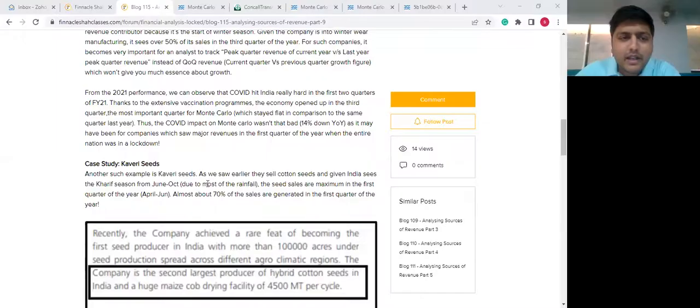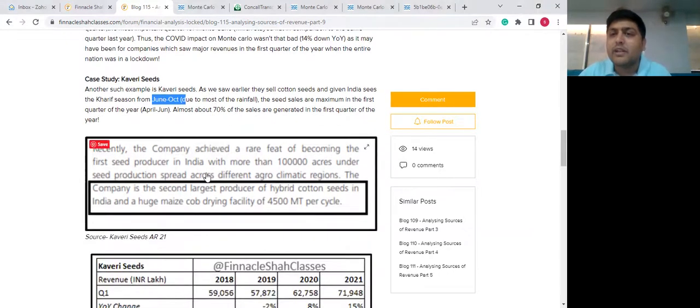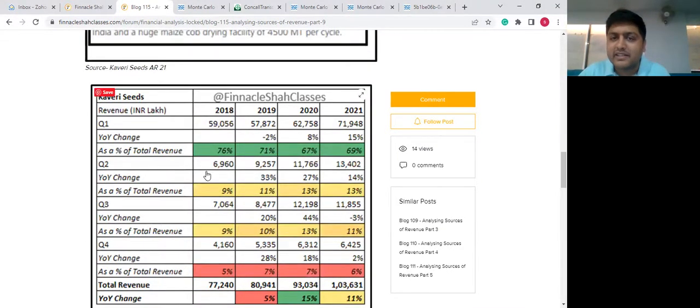So continuing further, as I said, Kharif season happens in June to October, followed by Rabi season. Now these Kharif crop seeds are sold by Kaveri Seeds. The entire demand of these Kharif crop seeds is driven by rainfall in India. So if India sees a good rainfall, there's a huge demand for seeds. If there is a huge demand for seeds, then there's a good driver in the business, right? And we can see that data when we do a similar quarterly analysis of Kaveri Seeds.